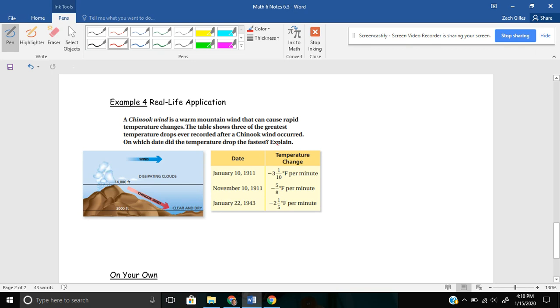Okay. Well, again here, it might be helpful for you if you were to graph these 3 numbers and see which one is the furthest to the left on a number line, and you'll be able to see the quickest temperature drop.